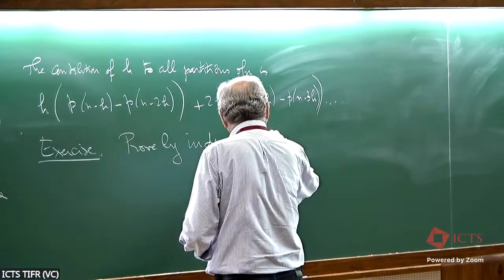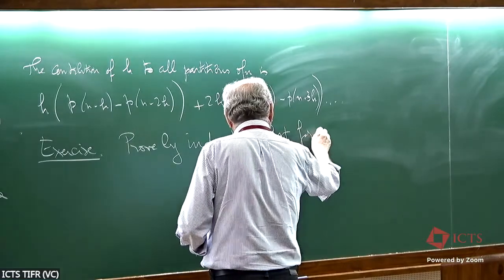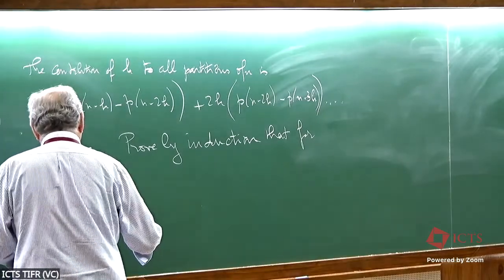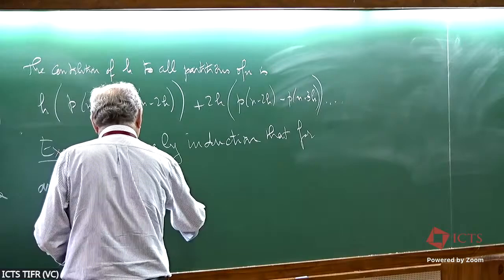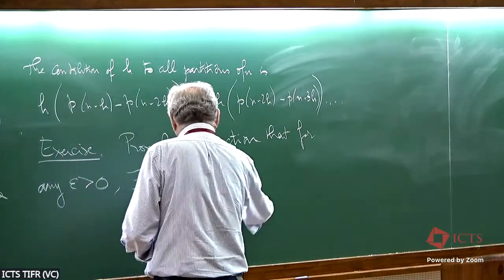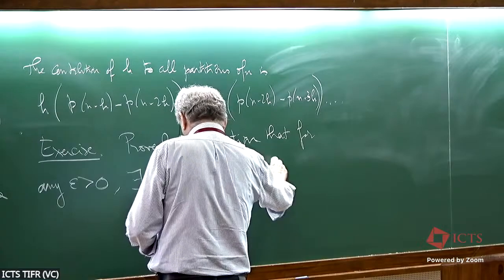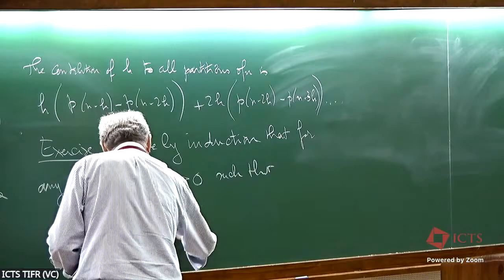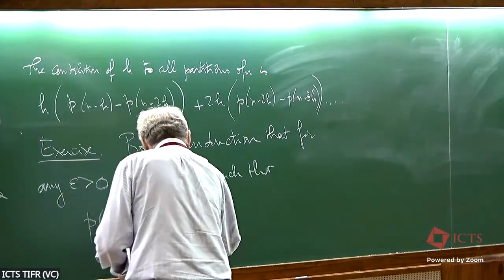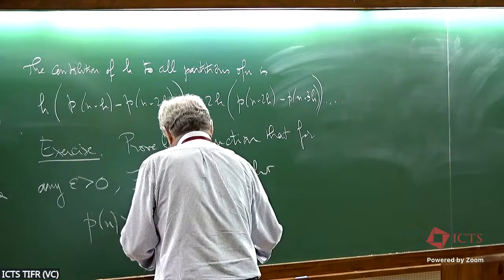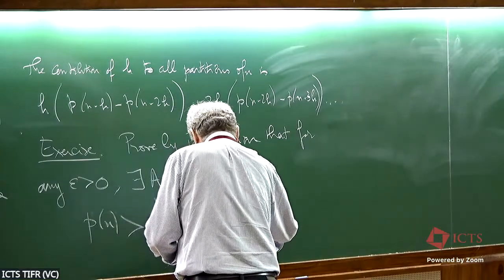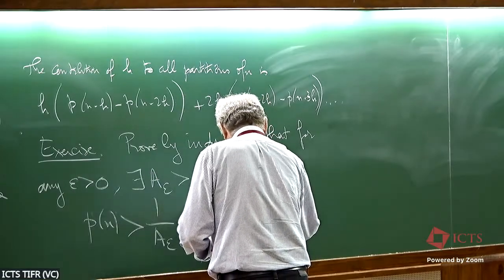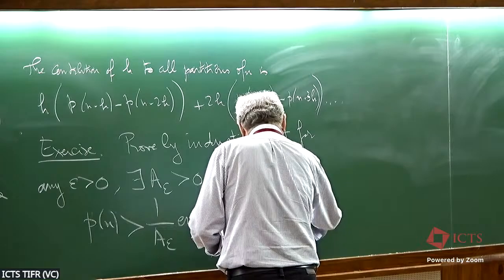Prove by induction that for any epsilon positive, there exists A positive such that Q of n is larger than 1 over A epsilon exponential of pi square root of blah, blah, blah, as usual, 3, minus epsilon n to 1/2.